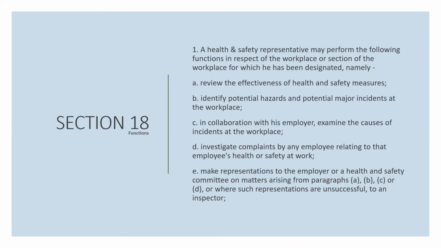A health and safety representative may perform the following functions in respect of the workplace or section of the workplace for which he has been designated, namely, review the effectiveness of health and safety measures, identify potential hazards and potential major incidents at the workplace, in collaboration with his employer, examine the causes of incidents at the workplace, investigate complaints by any employee relating to that employee's health or safety at work, make representations to the employer or a health and safety committee on matters arising out of paragraph A, B, C, or D, or where such representations are unsuccessful, to an inspector.